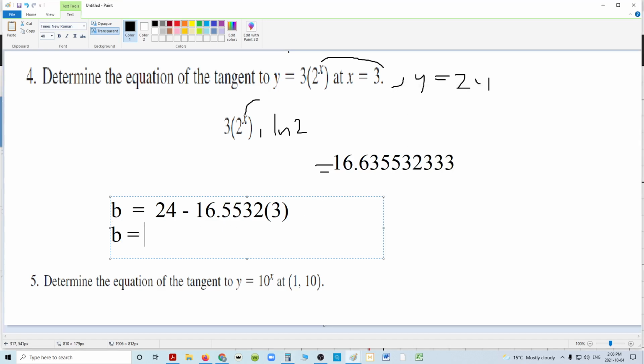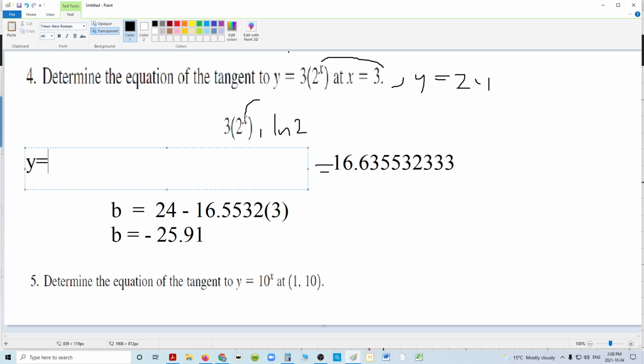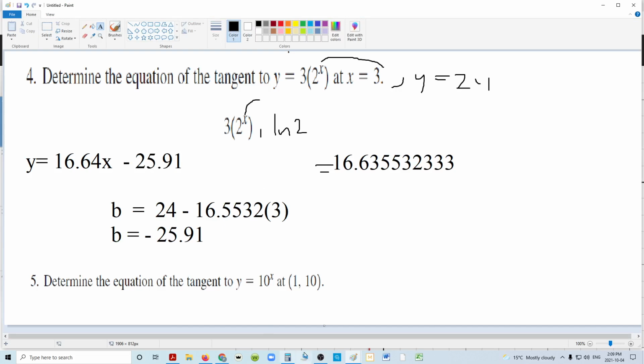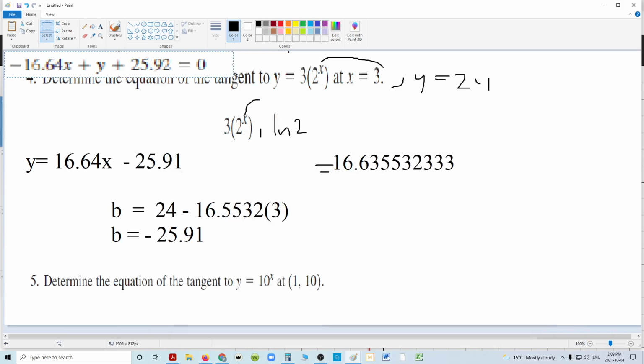B is equal to minus 25.91, which means the entire equation for the line is y is equal to 16.64 x minus 25.91. And if we go to our answers, we discover it right there is correct.